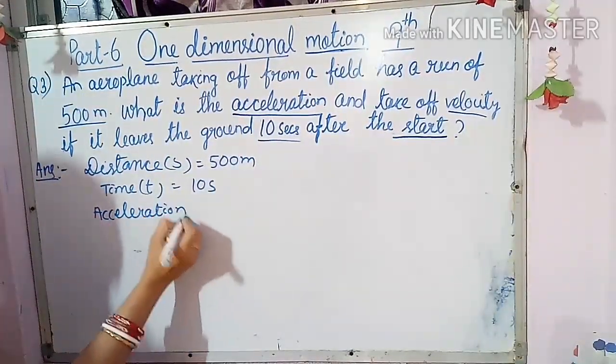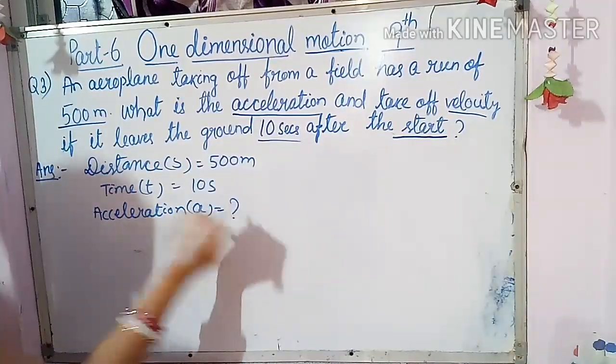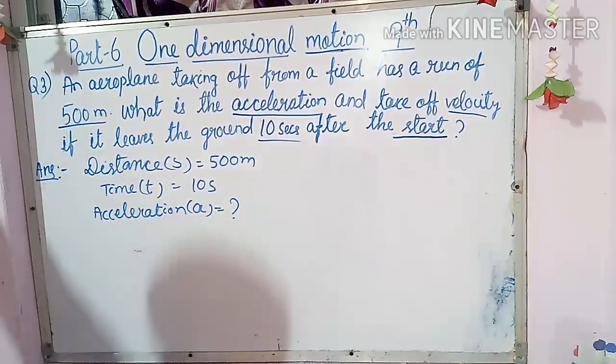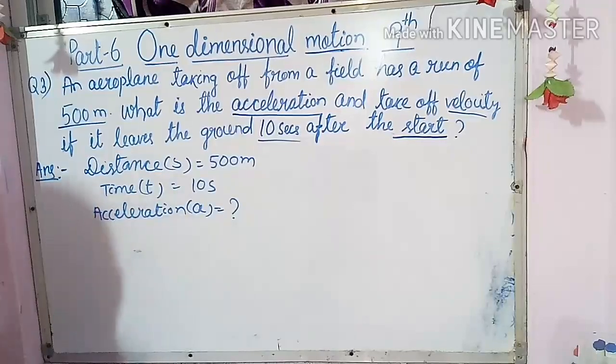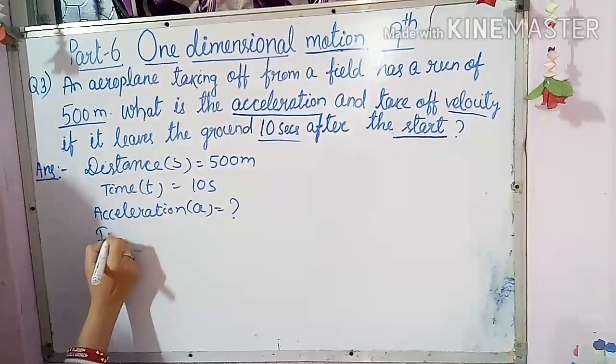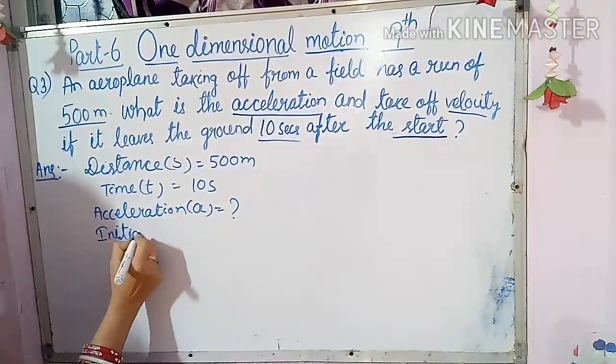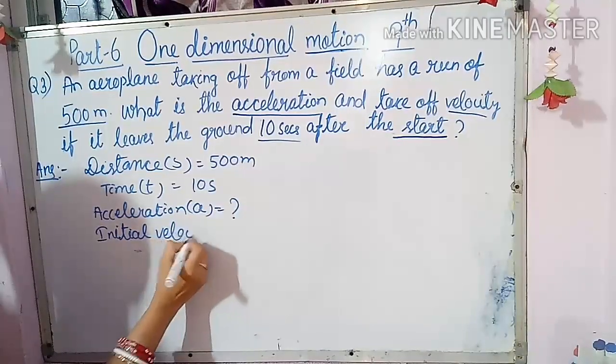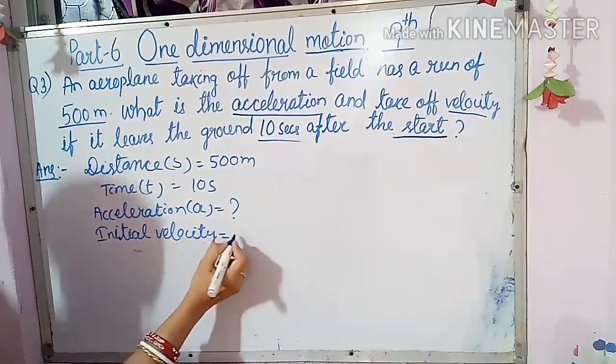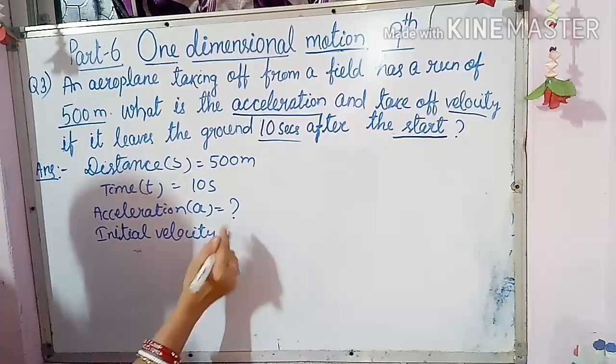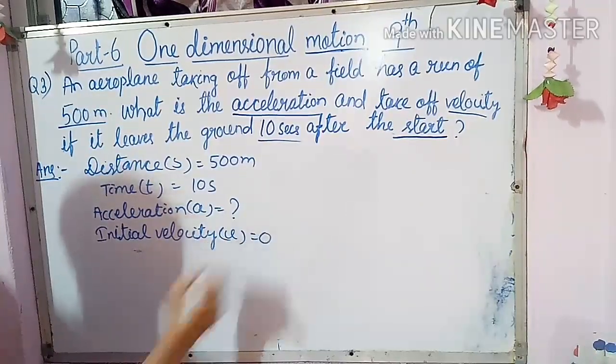Acceleration a is the question mark. Then in the takeoff velocity, as I have told that it is starting from rest. Rest means initial velocity. Initial velocity u equal to 0.